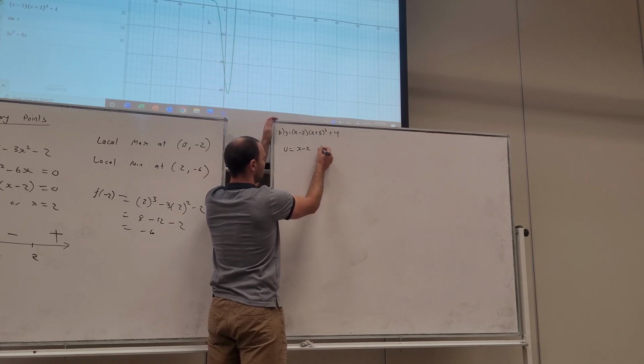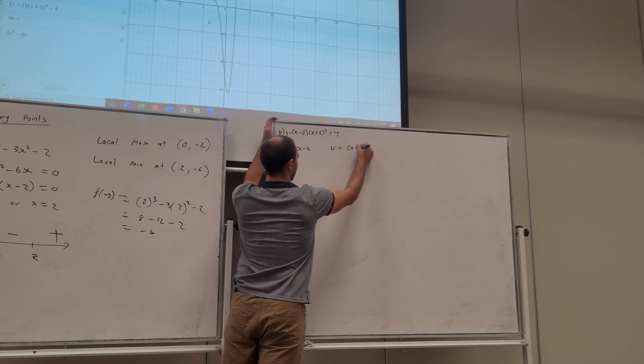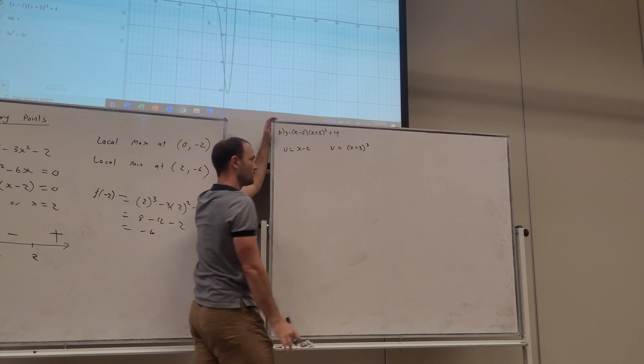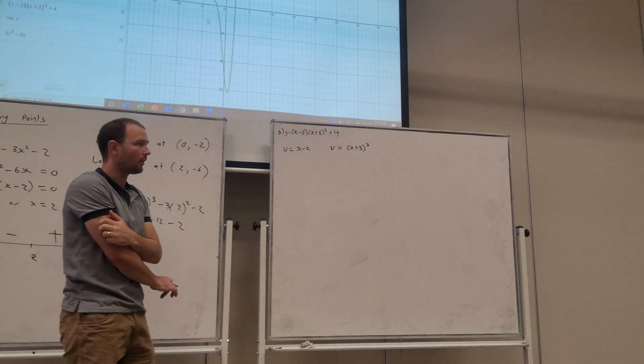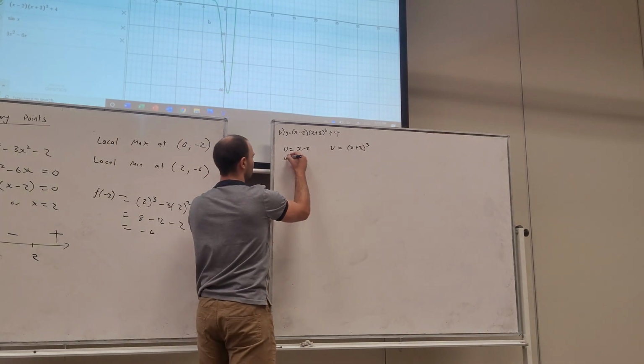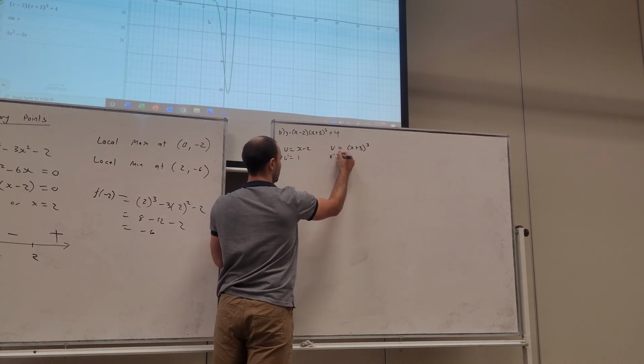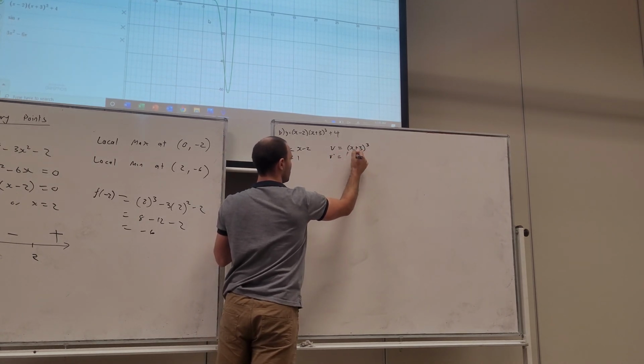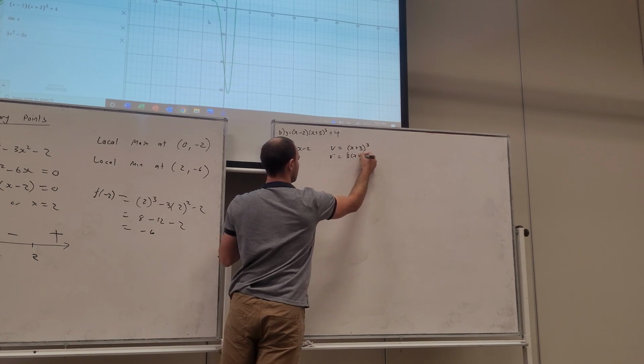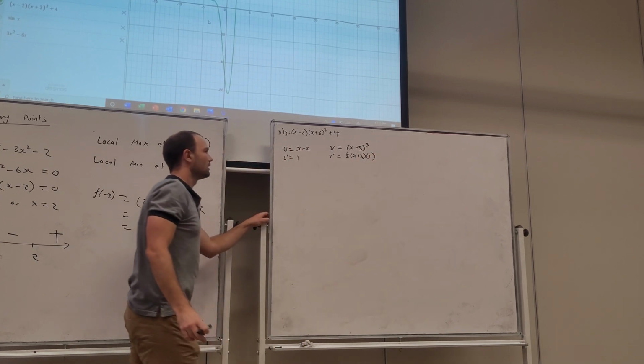That's u, that's v. We've got x take 2. V is x plus 3 to the power of 3. Don't forget the power. That belongs to the whole term. U dash will be 1. V dash will be chain rule. 3 times x plus 3 squared.